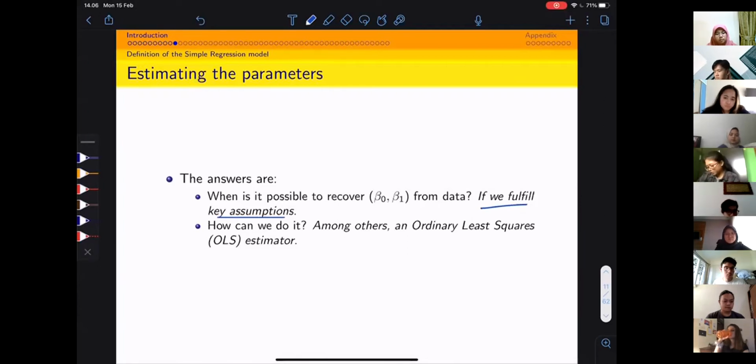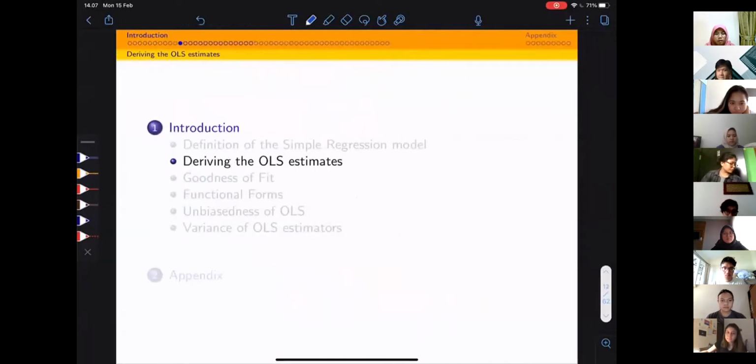We'll talk about the key assumptions, and then the second one, how do we actually recover beta 0 and beta 1 from the data technically? Among others, we're going to discuss what's called the ordinary least squares estimator, or the OLS estimator. These are going to be the big two discussions in the next few slides. So let's start first with the derivation of the OLS estimates.